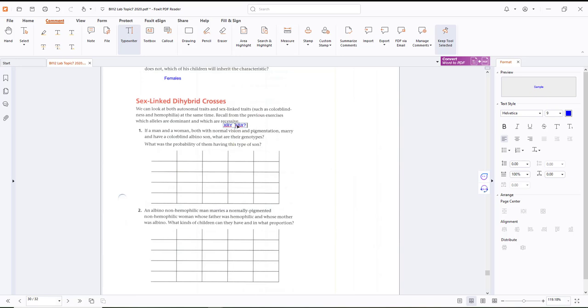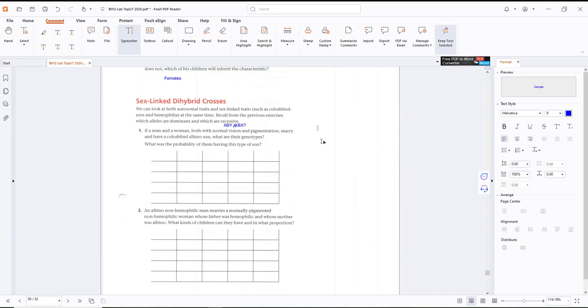So now we have to get into the albinism thing. So remember albinism is big A. Oops, let me write this over here. Okay, so let's start over here. We have a colorblind albino son.